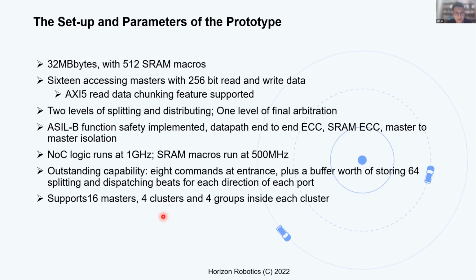That's a lot of SRAM macros inside the chip. So in the end, we choose an SRAM macro that achieves a pretty good balance between power and area, and that's why we are doing this at 500 megahertz.